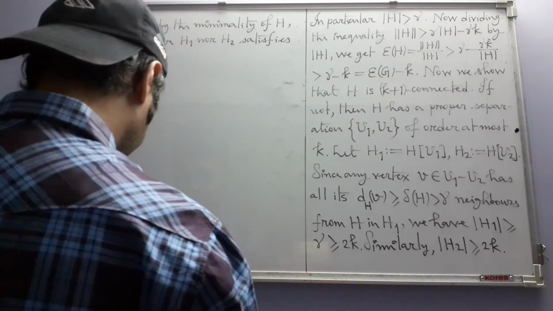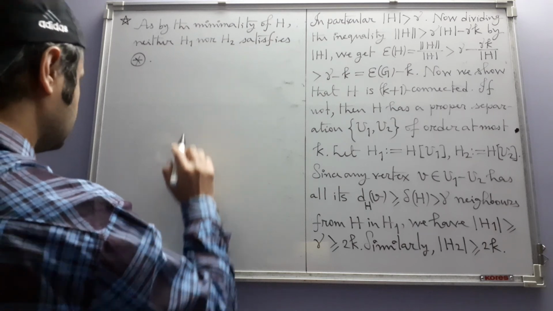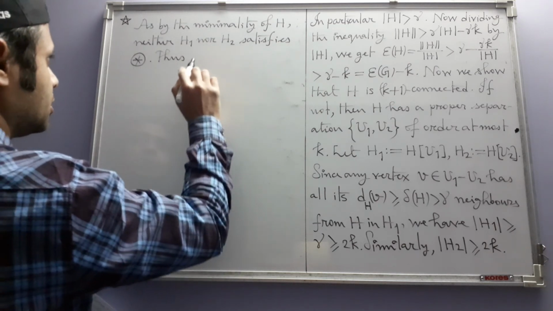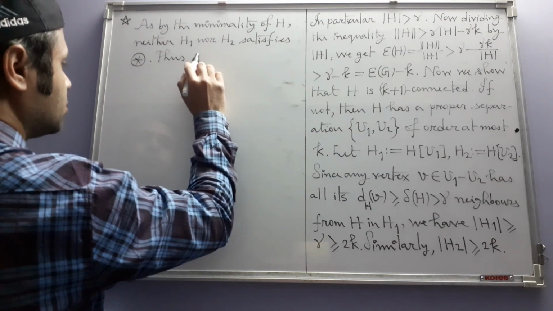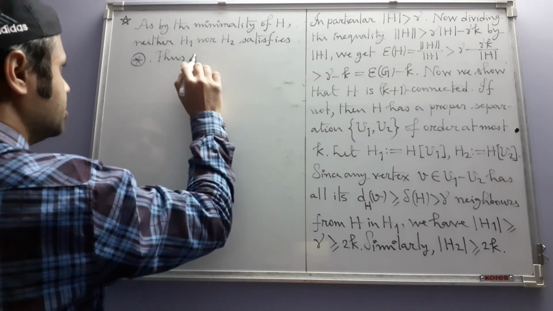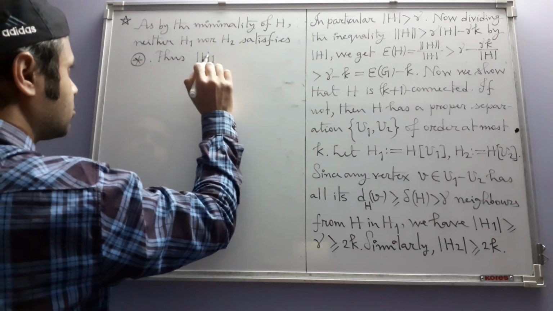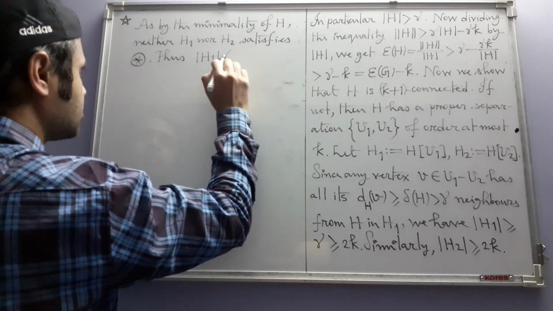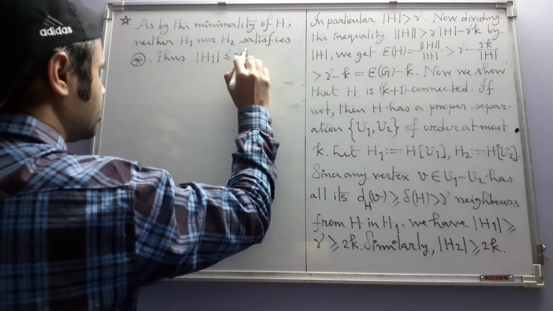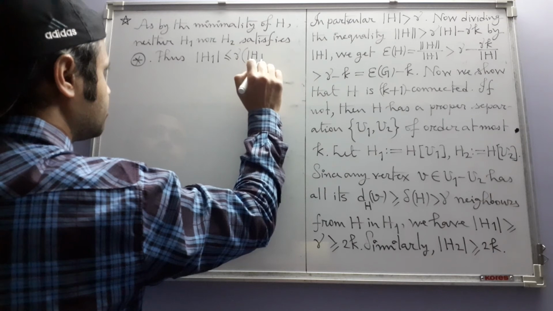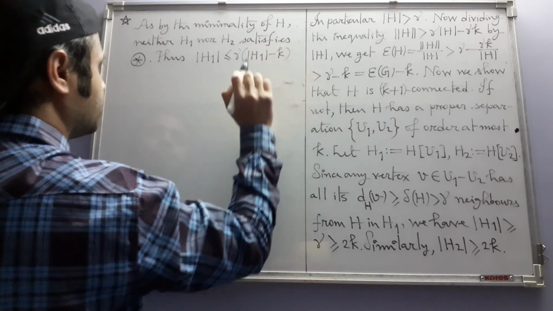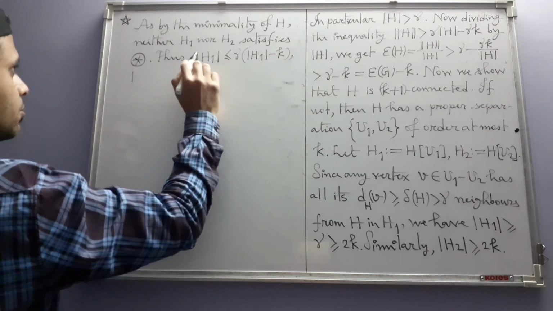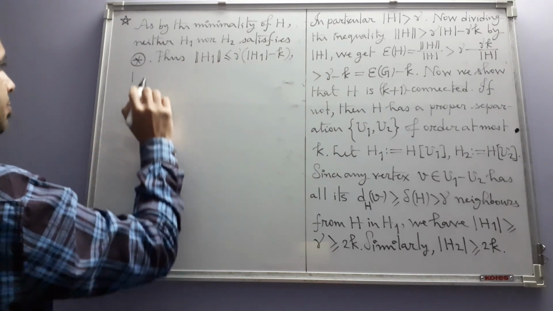So that's why, thus, not satisfying the second inequality means this is no longer greater than gamma times, that means this is less than or equal to gamma times the order of H1 minus K, and this is the number of edges.